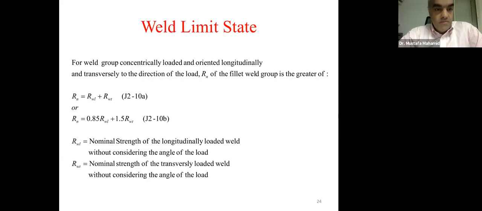So that's one way to calculate it. And then you have the other one, which is 85% of the longitudinally loaded weld plus 1.5 times the transversely loaded weld, and then you take the greater of the two.